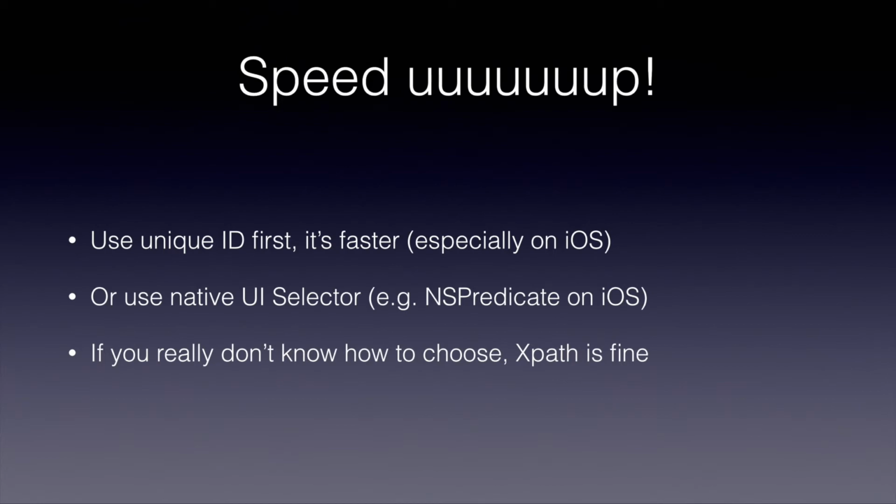There is no mandatory rule, but usually we will use a unique ID first because it's much faster, and then a native UI selector, for example, the UI selector on Android and the NSPredicate on iOS.